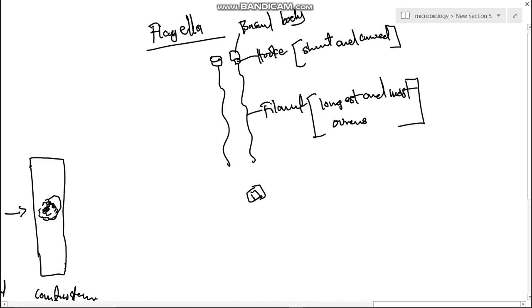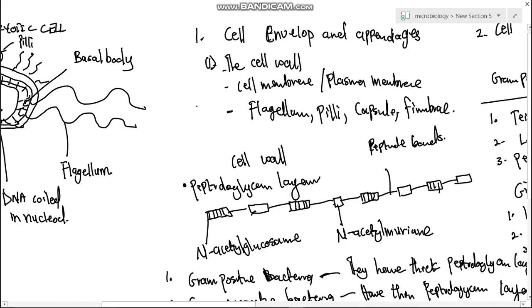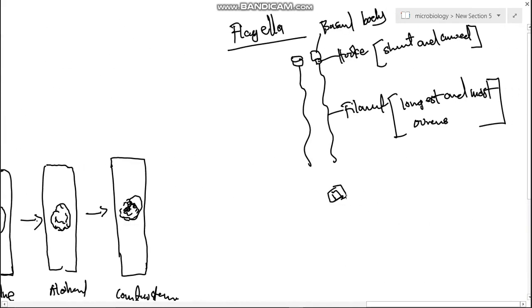The basal body is embedded within the cell. If you look at the structure of the bacteria, you realize that the basal body is found within the cell, and it has its own complex structure. They are made up of rings. For the gram positive, their basal body has 2 rings, and for the gram negative, their basal body consists of 4 rings.